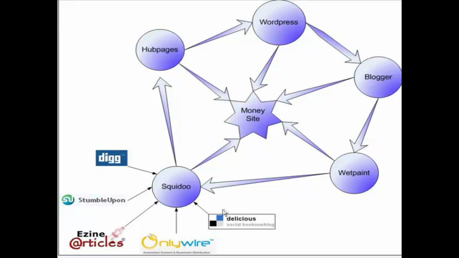You might submit the RSS feed, you might do a few other bits and pieces, because remember, the higher each of these spokes rank, the better it is for your money site, because PageRank transfers through. So if I've got a PageRank 2 here linking to my money site, it's going to give it a lot more weight in the search engine.